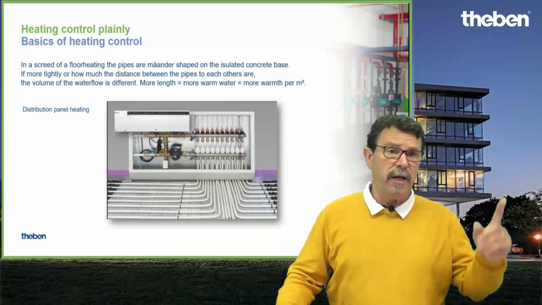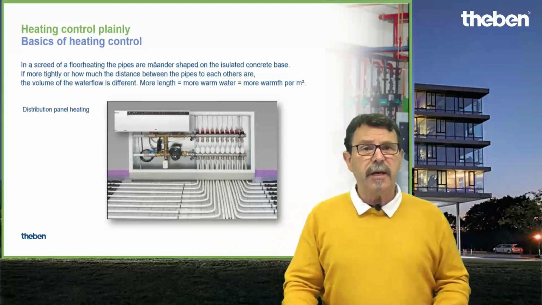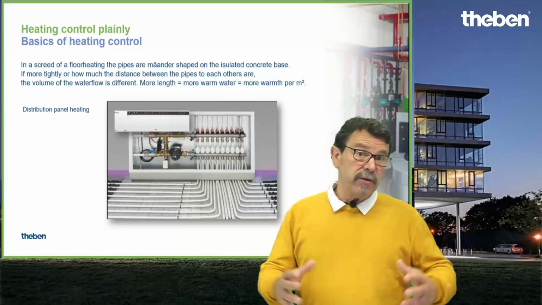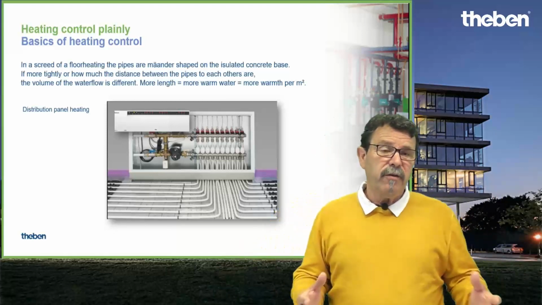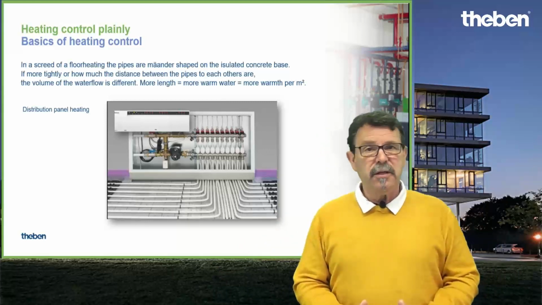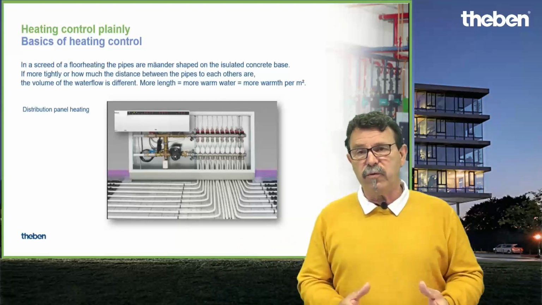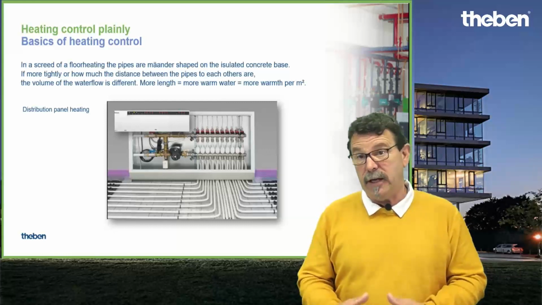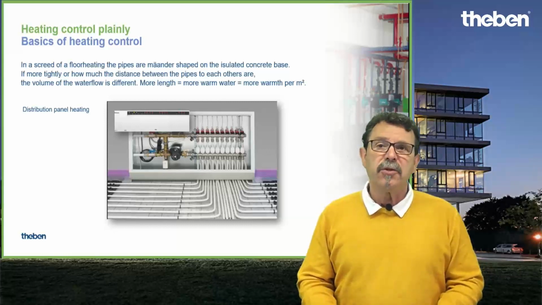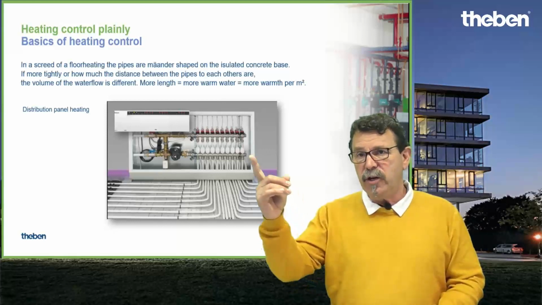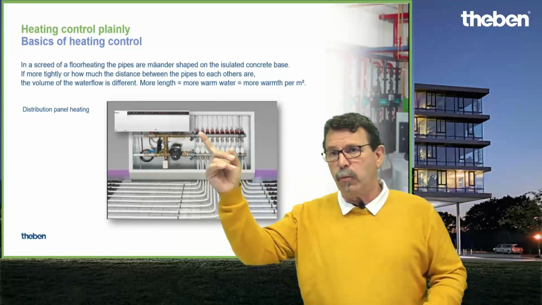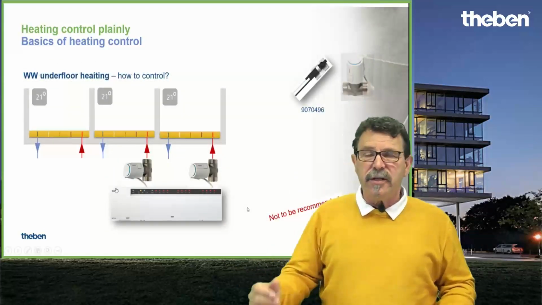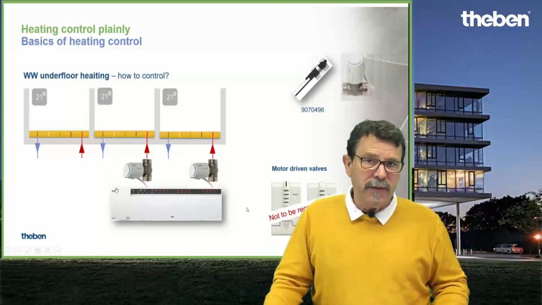If you have a big room like in this industrial or public building, the circuit is probably too big for just one heating circle. So you probably have to control 2 or 3 together in one room, controlled by one heating actuator and one controller. Then you can link 3 of these valves together on one channel of this heating actuator. So just that you know how it works.